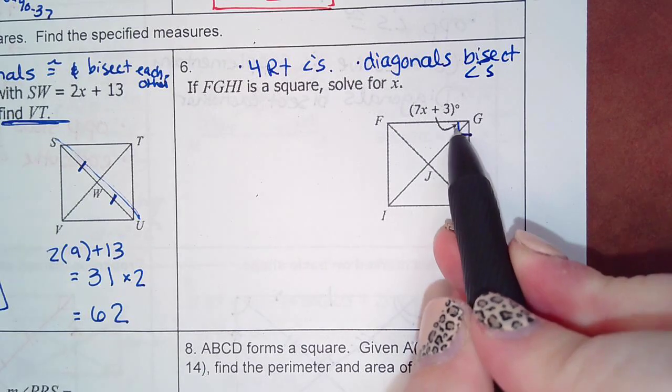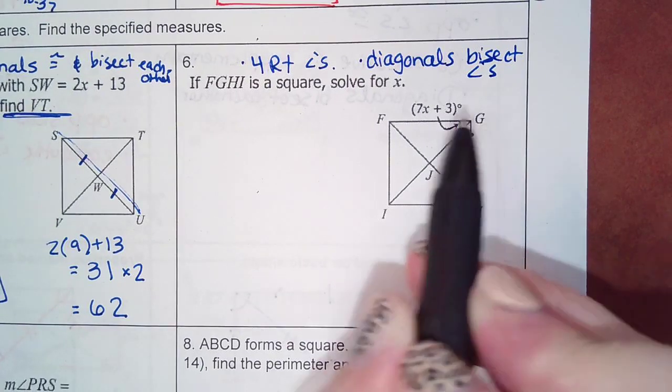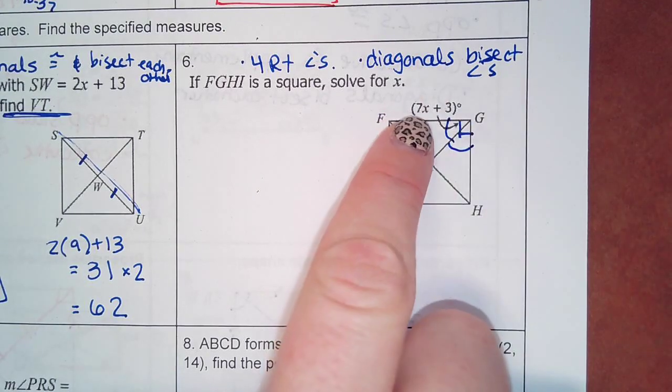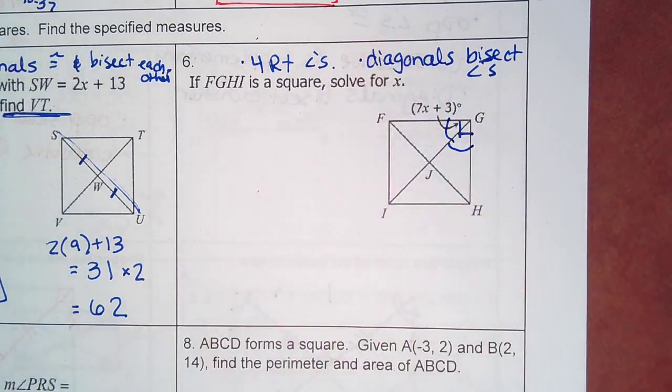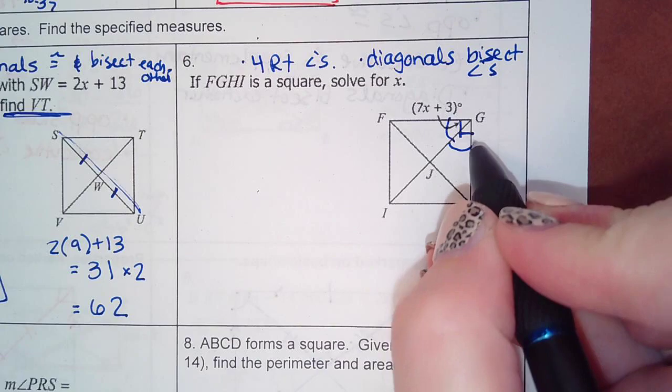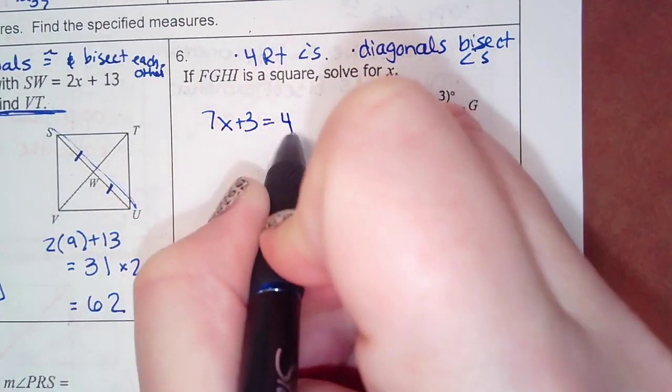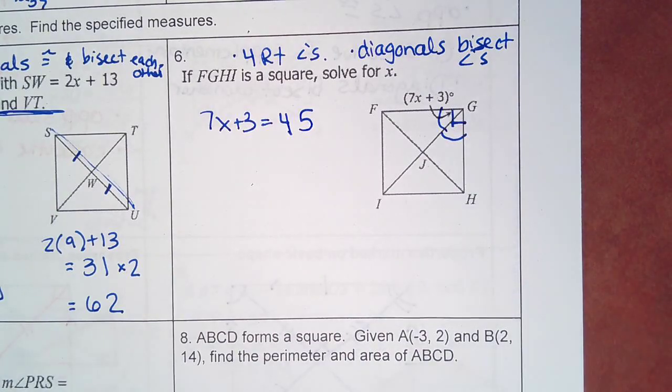So if this angle is 90 and it's being bisected, meaning this is congruent to this part, then I can say that 7x plus 3 is equal to 45 because that's half of 90. So 7x plus 3 equals 45. And we're just solving for x here.